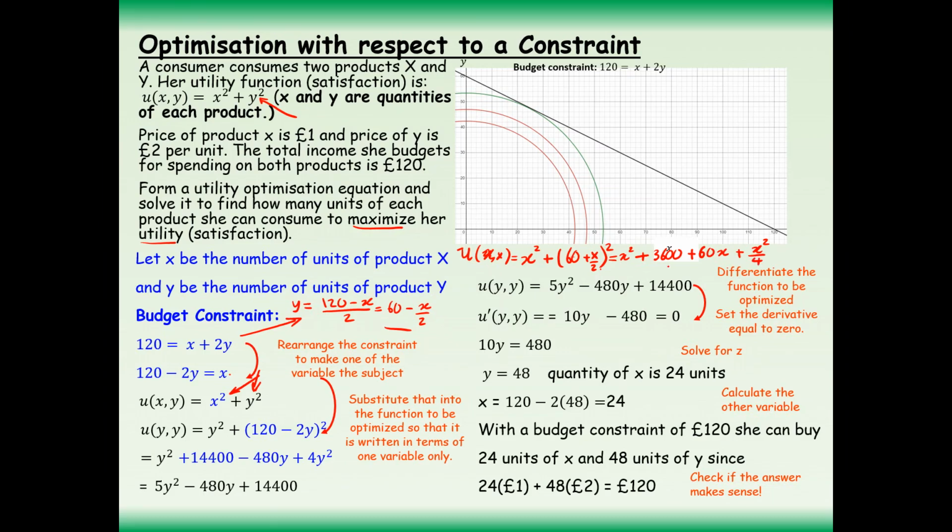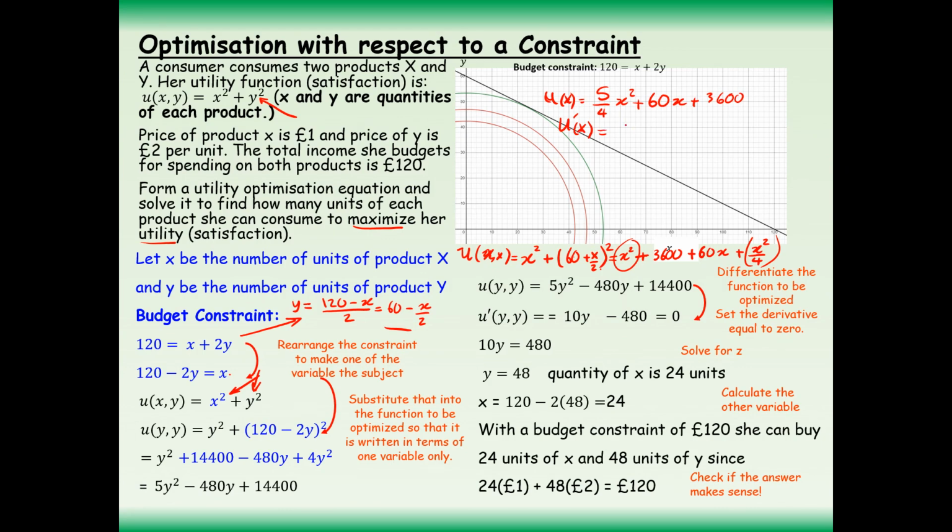I didn't like to work with these fractions, but you can add this x square and a quarter of x square, you get 5 over 4 x square minus 60x plus 3600. This is the utility function in terms of x, and you can differentiate now with respect to x.